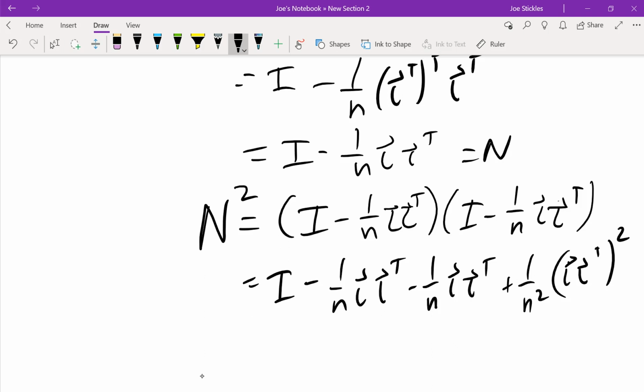If you've got a bunch of ones and I multiply it by itself, let's just multiply it by one of these vectors because that's all I really need.